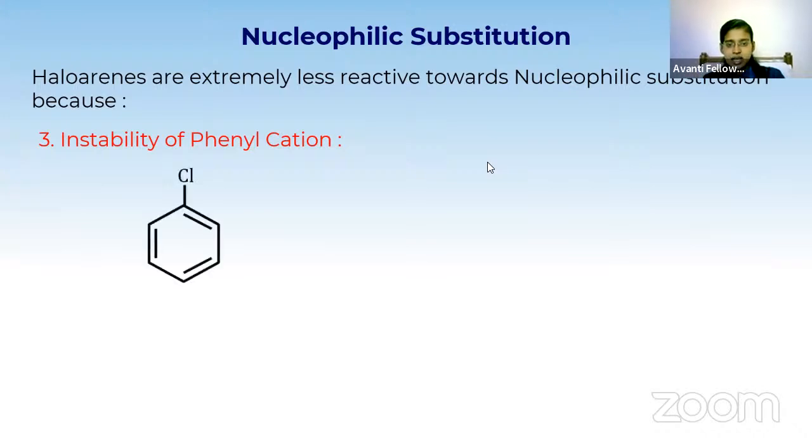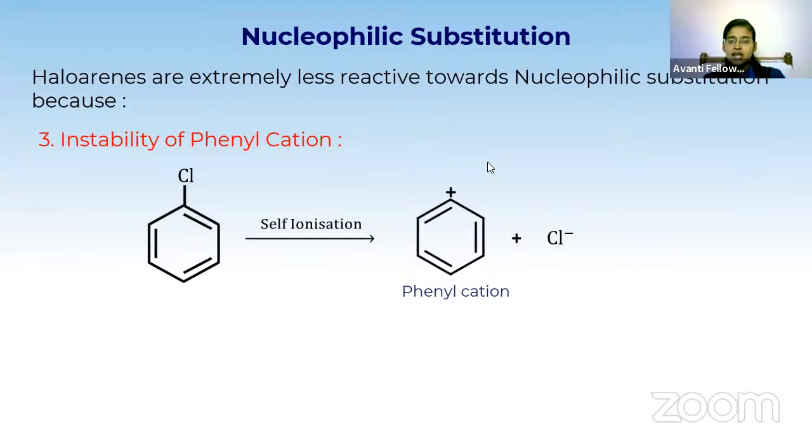If I take this haloarene and form a carbocation, leaving Cl minus out, I will get a phenyl cation, C6H5 plus. This phenyl cation is unstable. You know why it is unstable?